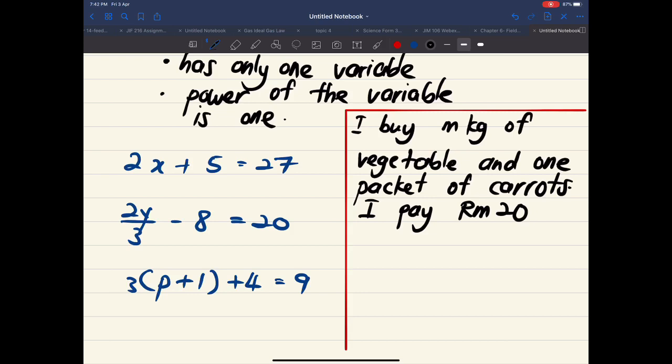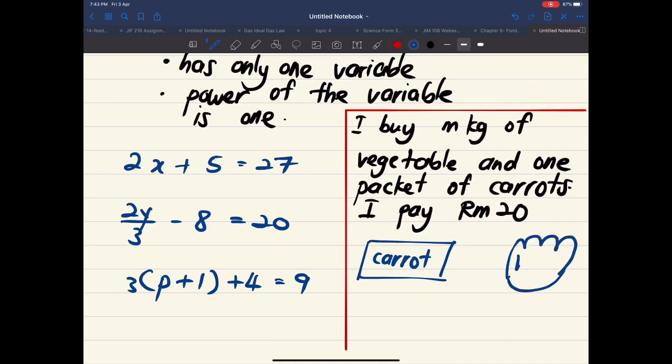He says he buys m kg of vegetable and 1 packet of carrots and he pays 20 ringgit. Okay, so let's say this is the packet of carrot, and this is the vegetable. So this is 5 ringgit and this is 3 ringgit per kg.